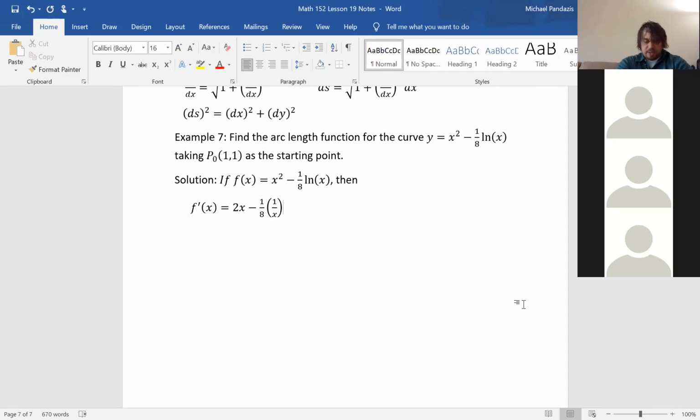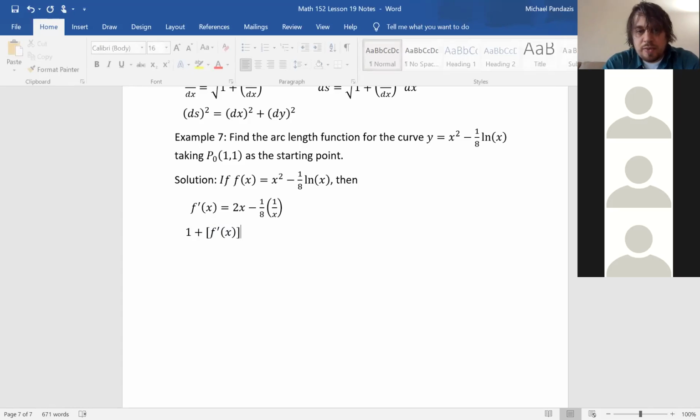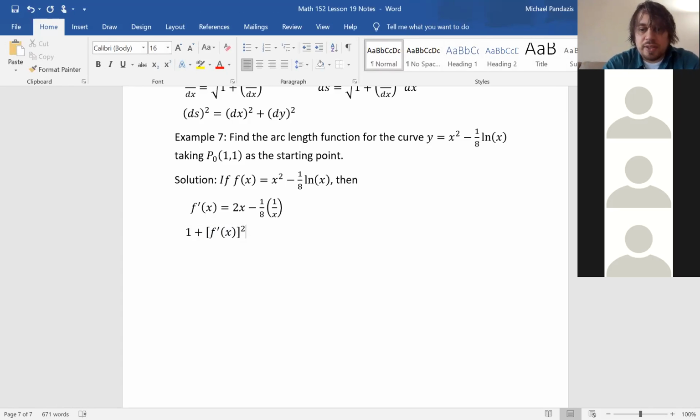Then we get 1 plus f prime of x, squared. I'm going to put this in brackets. 1 plus that thing squared is going to equal 1 plus this thing squared.